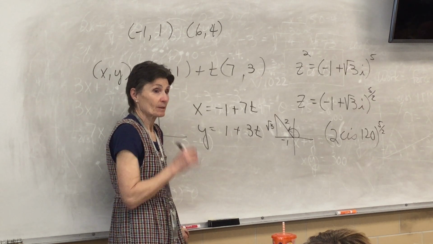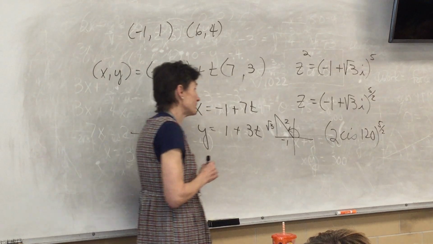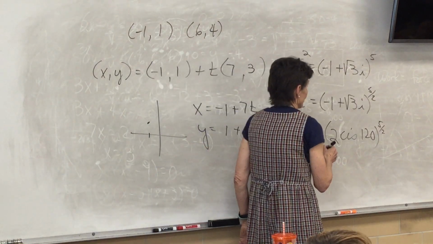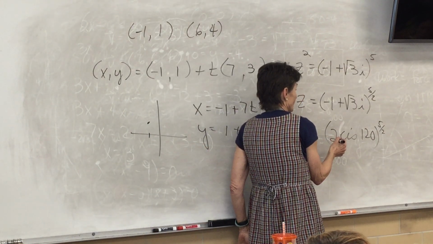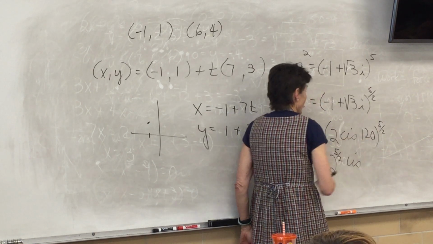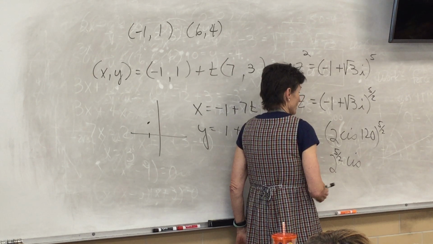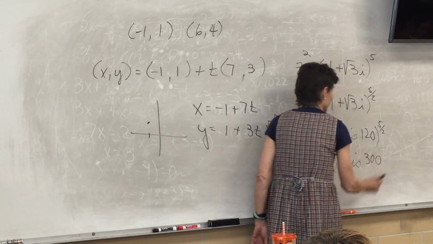Everybody okay with that? Okay. So now I do it. So what does de Moivre tell me to do? Raise the 2 to the power, and then the angle times the power. 300.